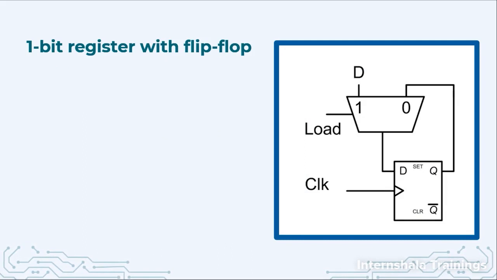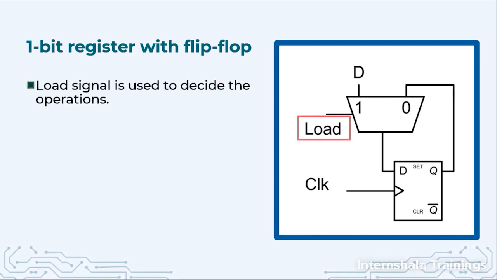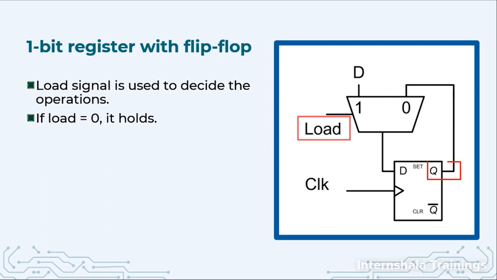Here I have an arrangement of one multiplexer and one flip-flop, and we are saying that this is a 1-bit register. So how does this work? Here we have a load signal which is used to decide the operation. The load signal is the select line for a 2x1 multiplexer. If load is 0, it is going to select input 0, and you can see that 0 is connected to the output of the D flip-flop.